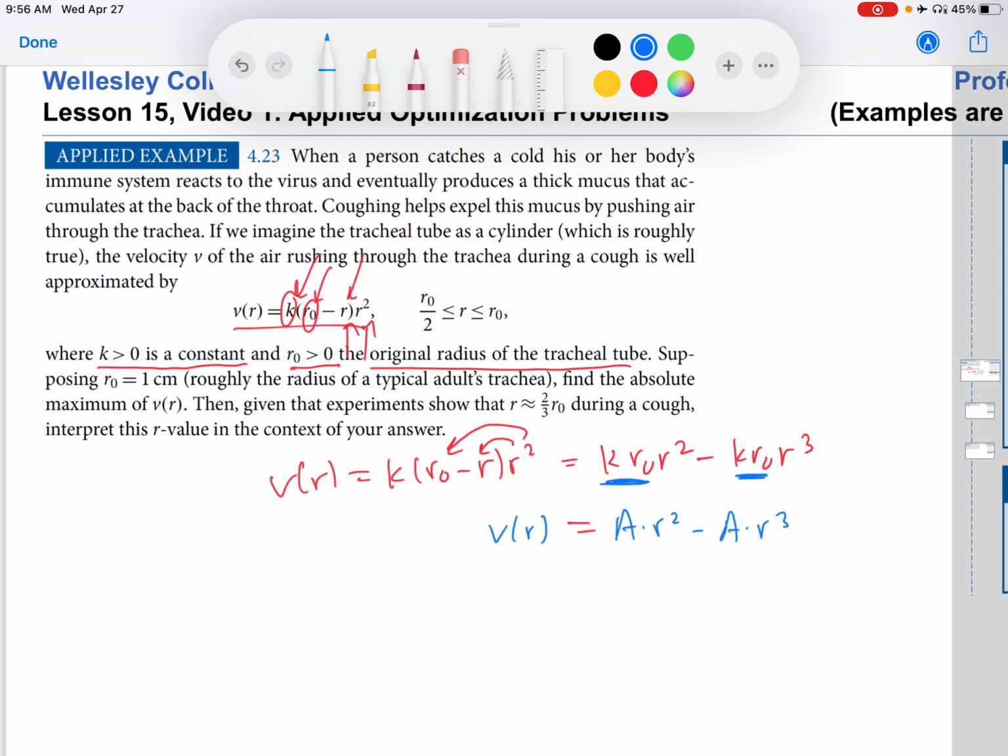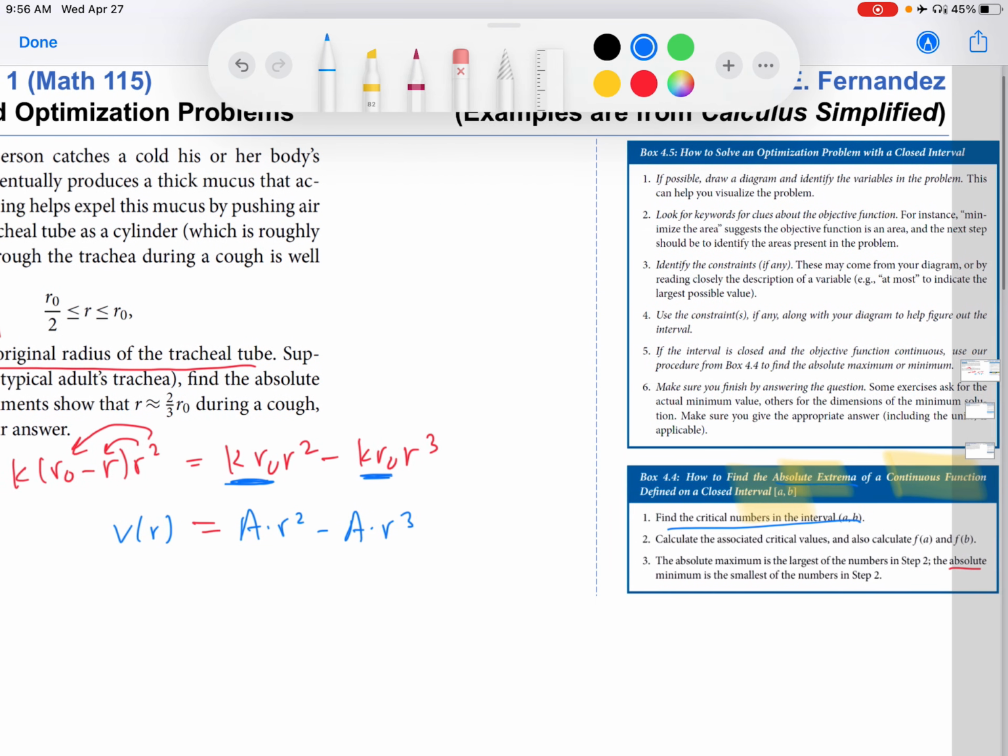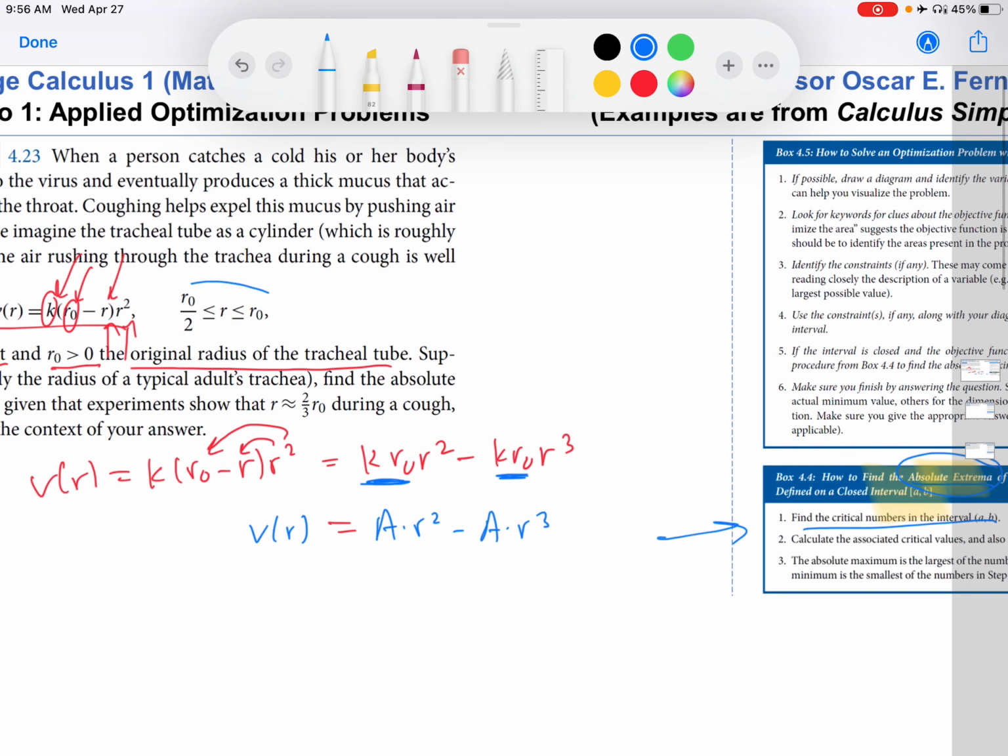Great, so we have some information about what V of r is, and we know it's a polynomial. We know that polynomials are continuous. So if I go back to my box here, I am trying to find the absolute maximum of a continuous function. And the interval is closed, so going back up here, we can write down next to this function the interval that our max problem is supposed to investigate.